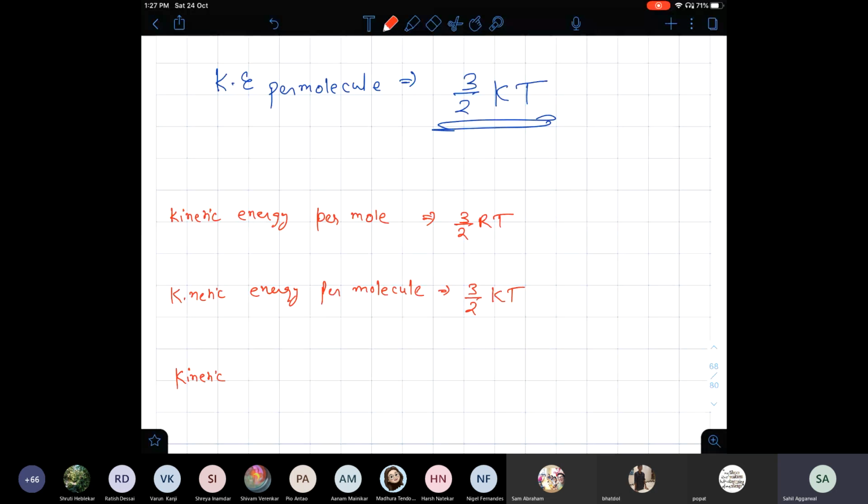Kinetic energy for n moles will be 3 by 2 nRT. Understood?